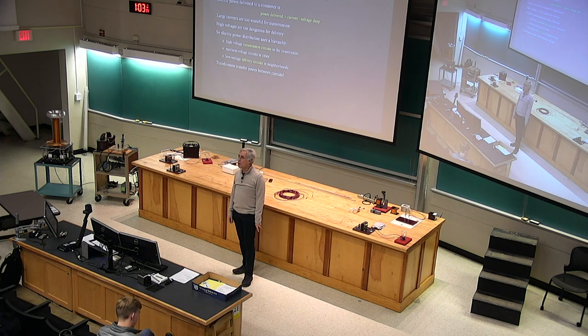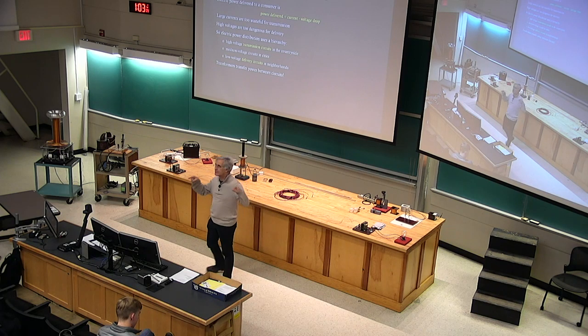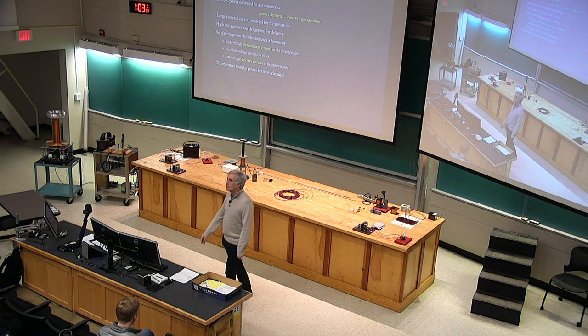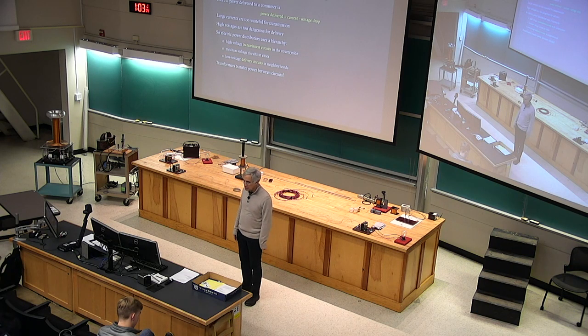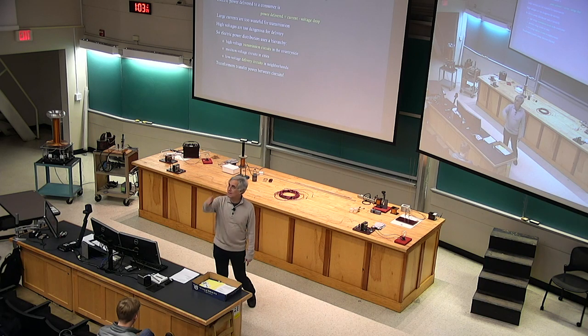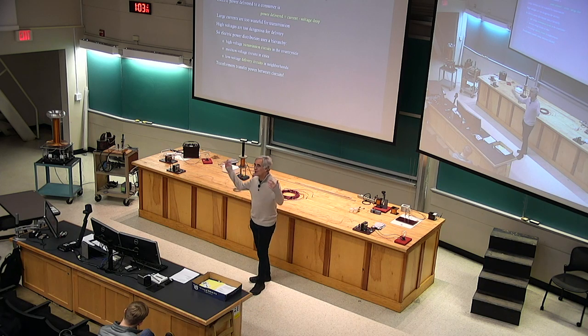Well, there are problems with both of them. The one where you send a huge current with a little voltage drop has problems in the wires themselves. And that's because wires are consumers of electric power, whether you like it or not. They need a voltage drop in them to be the electric field that pushes the charges forward through the metal, because ordinary metals don't carry current for free.